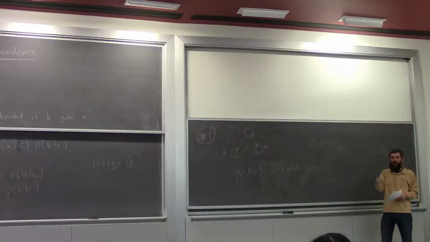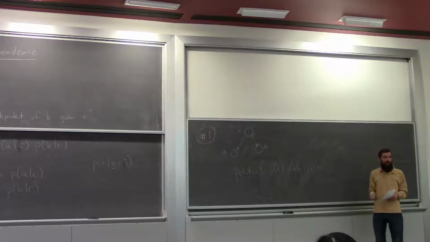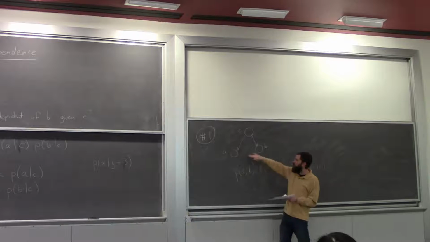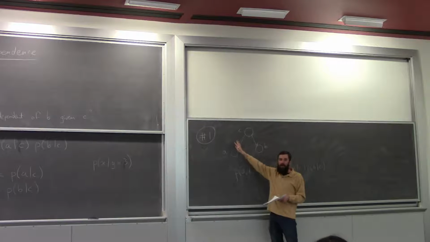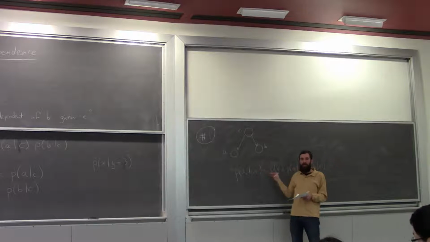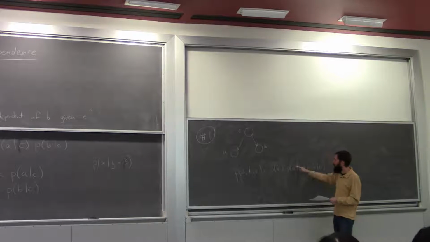As you're reading the Bishop chapter and also the Murphy notes on the web, by the end of all this you should feel very comfortable reading a graph and saying, oh yeah, that's what the factorization looks like. This should become second nature, hopefully, eventually. So anyway, that's this graph. Everybody happy with that?